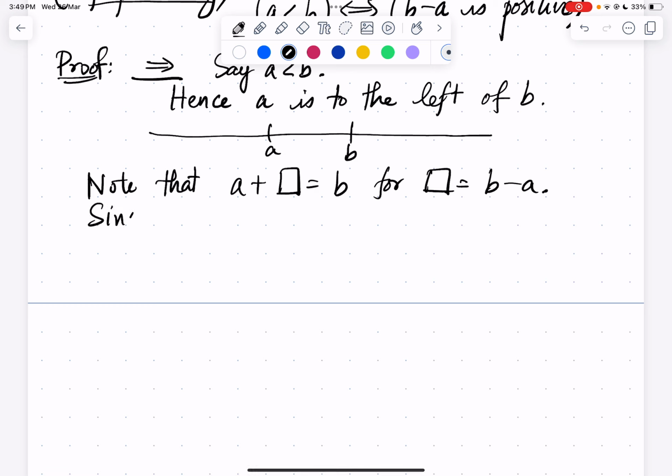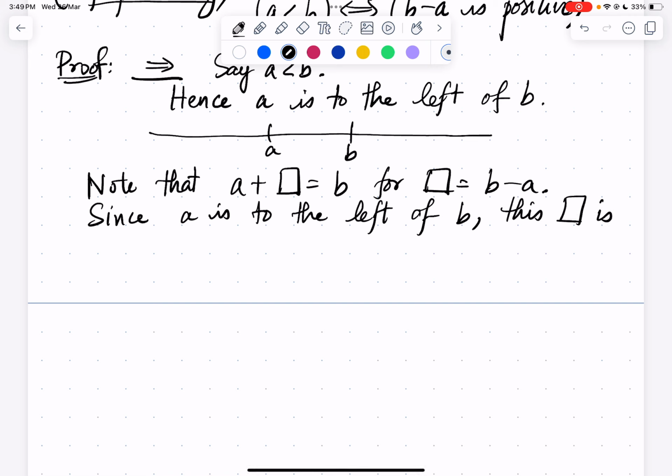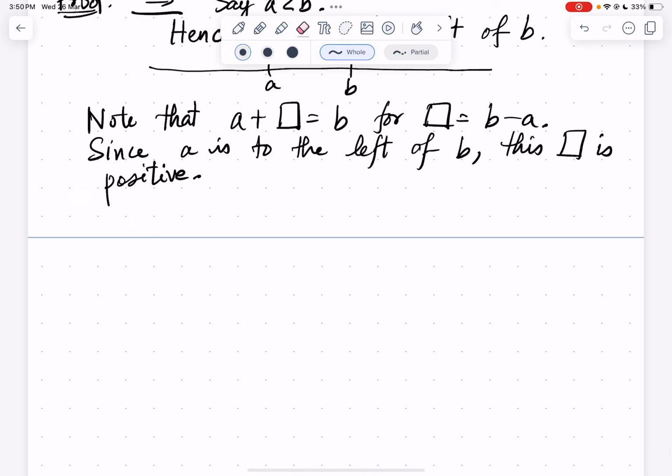Now, since A is to the left of B, this box is positive. I'll write another picture.